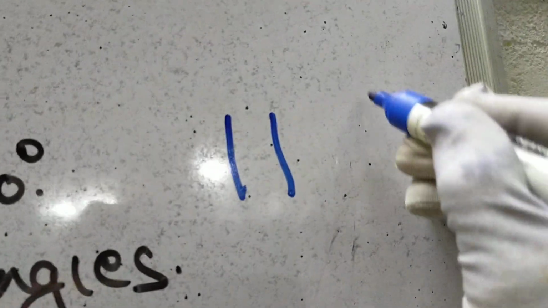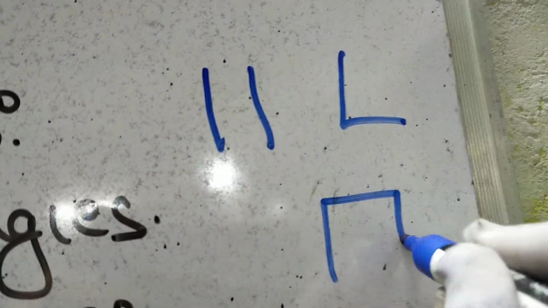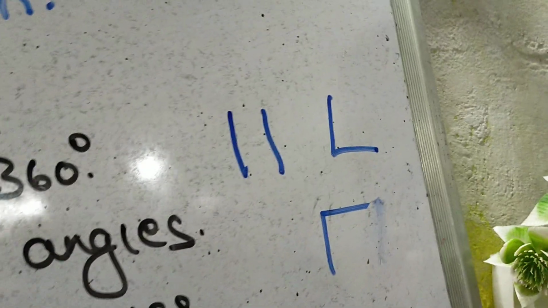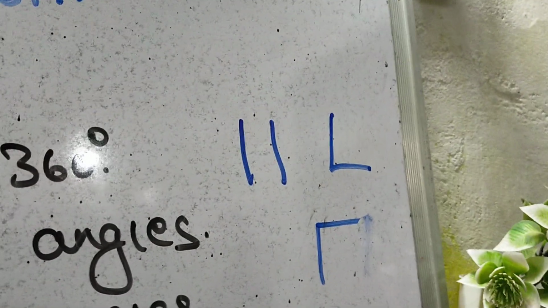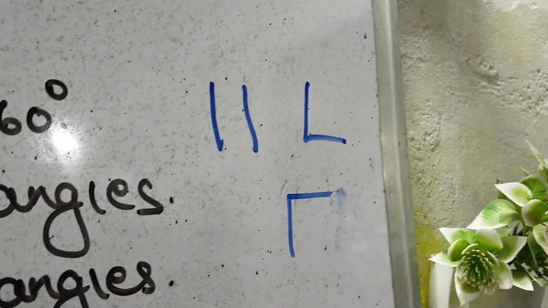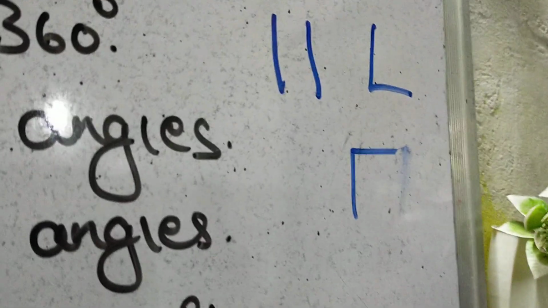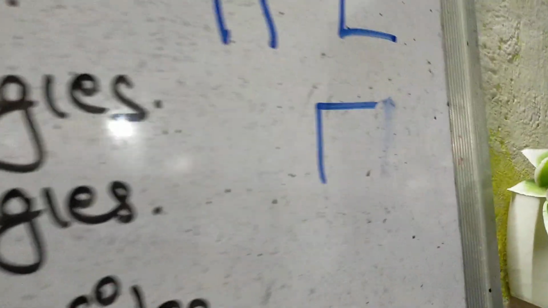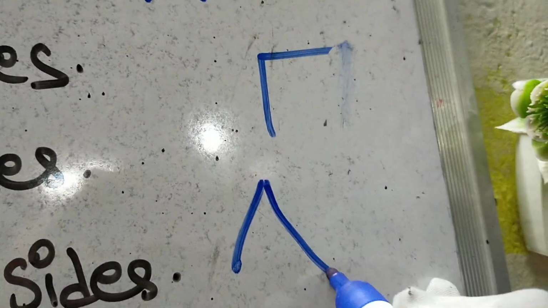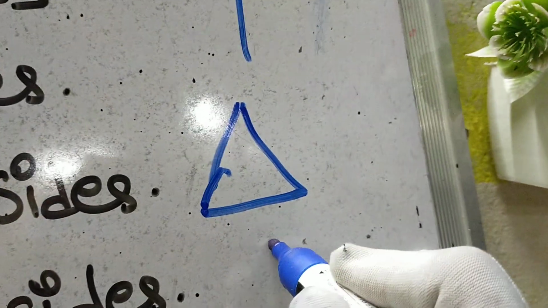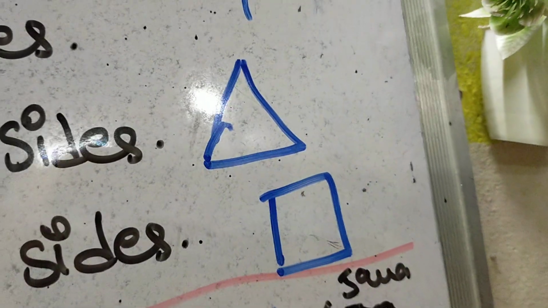Wherever you join them, it will not form a closed figure. It is an open figure. To construct a closed figure, you require at least 3 lines. If you have 3 lines, you can form a closed figure. So to form a closed figure you require 3 or more lines.